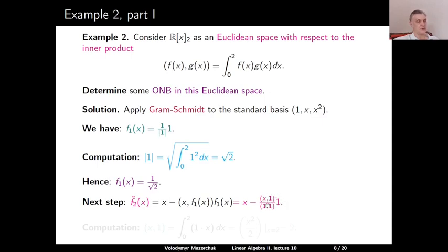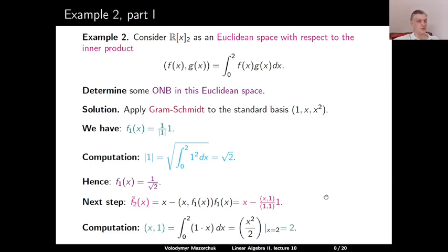So we need to compute the inner product between x and 1. So this inner product is the integral between 0 and 2 of 1 times x dx, and this is just the evaluation of the function x squared divided by 2 at x being equal to 2. So this is equal to 2.